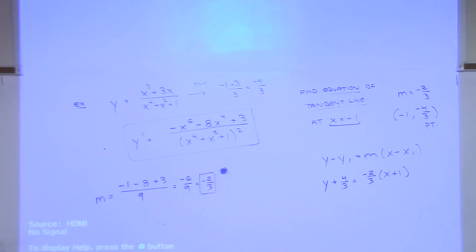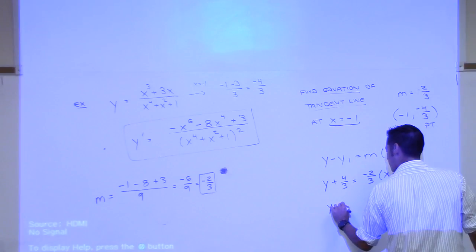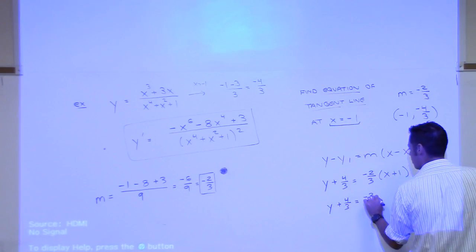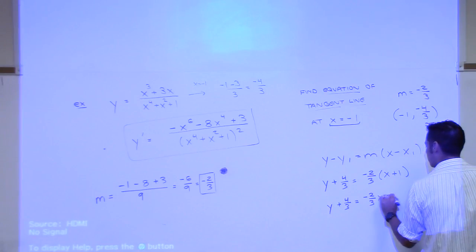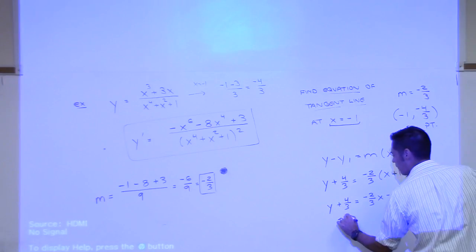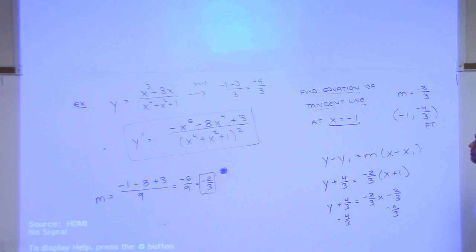So that's the equation of the line. I'm going to solve it for y. I'm going to distribute the -2/3 through on the right, which is -2/3 x minus 2/3. They were negative, so it makes them both negative. And then finally, I will subtract 4/3 from both sides. And we get our final result.